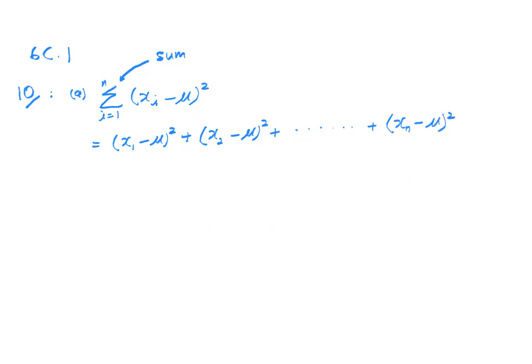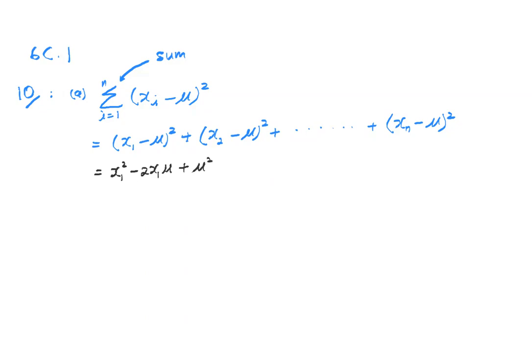Next, what I have to do is expand each of them. Each square you expand: the first one, the second one, and the last one. The pattern goes the same. So finish expanding: x1 squared minus 2 times x1 times mu plus mu squared.